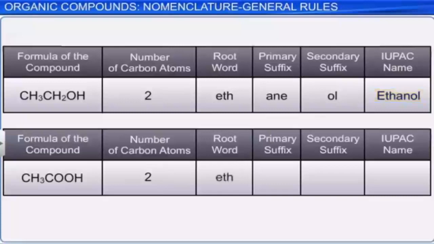A root word eth, primary suffix ane, and secondary suffix oic acid together forms the IUPAC name ethanoic acid. If a functional group is present, then E of the primary suffix is replaced by the secondary suffix.